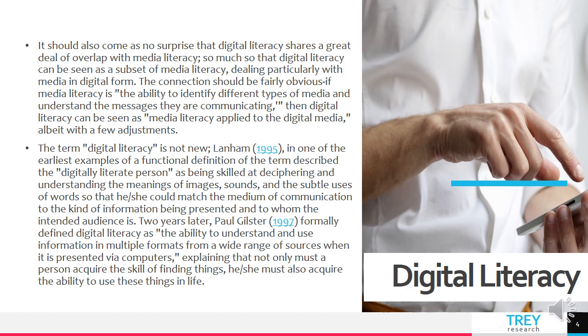One of the earliest examples of a functional definition of the term described the digitally literate person as being skilled at deciphering and understanding the meanings of images, sounds, and the subtle uses of words so that he or she could match the medium of communication to the kind of information being presented and to whom the intended audience is.